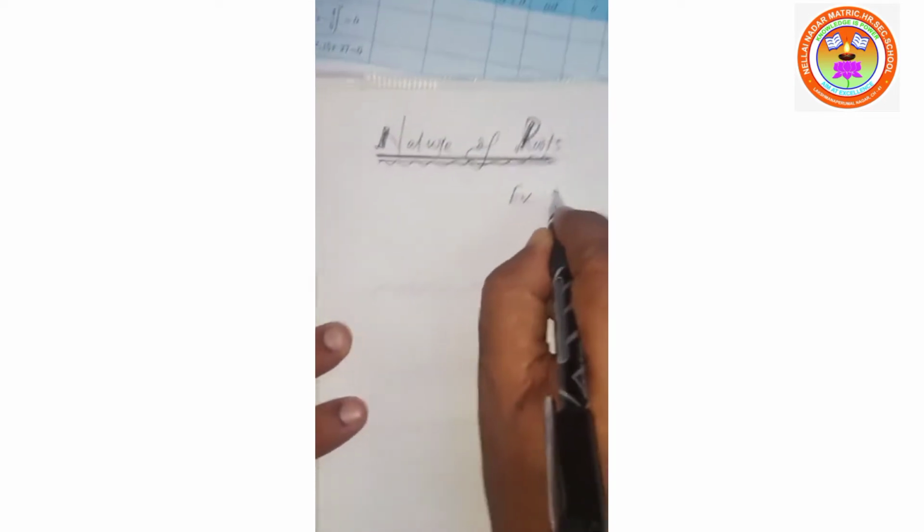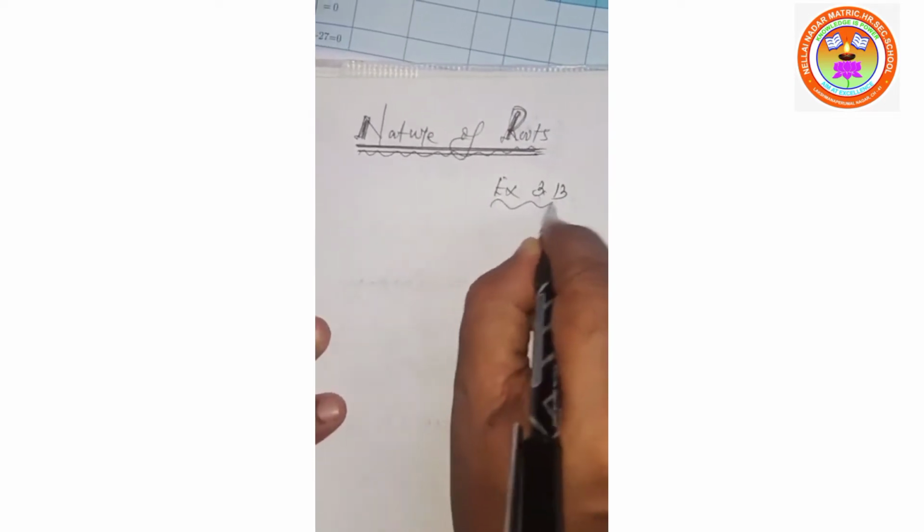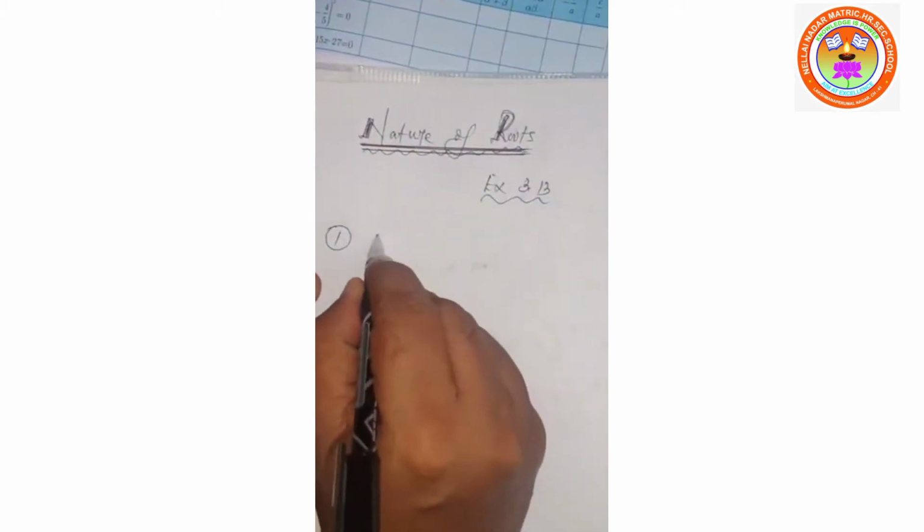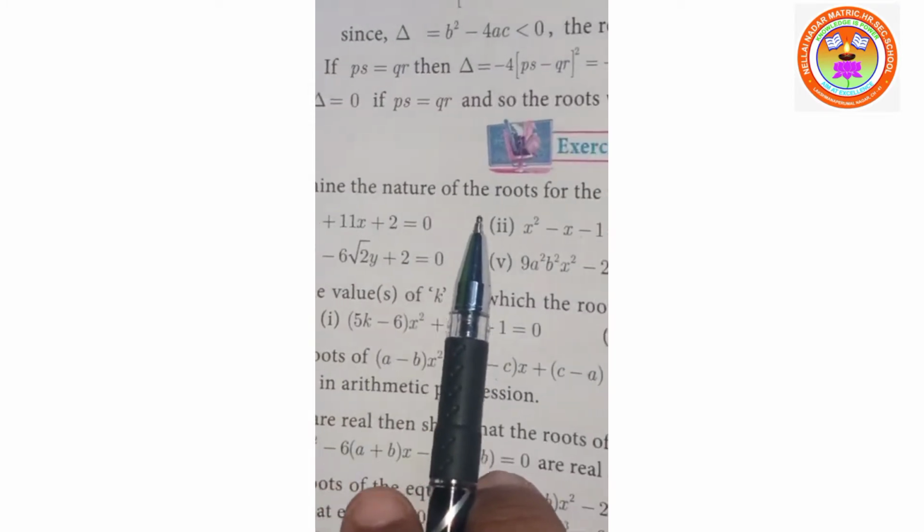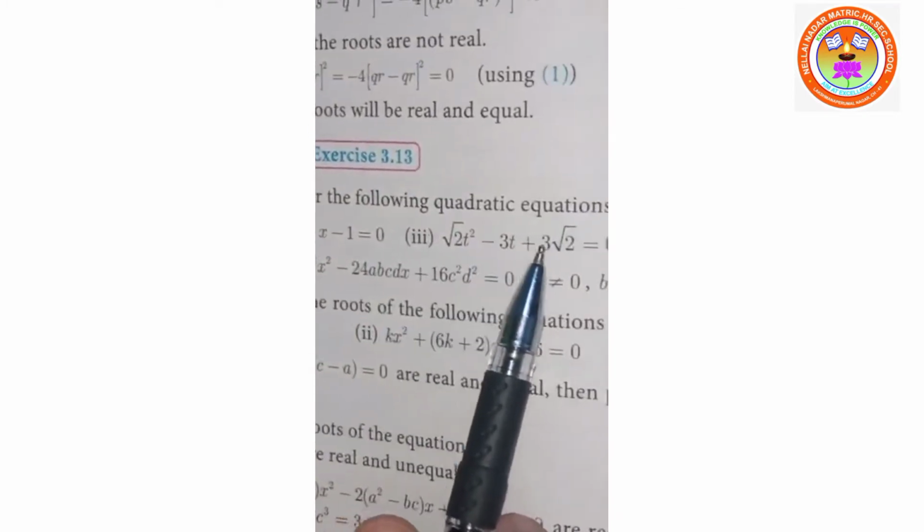Exercise 3.13. Question number 1, subdivision number 1: 15x squared plus 11x plus 2 equals 0. The question is: determine the nature of the roots for the following quadratic equations.